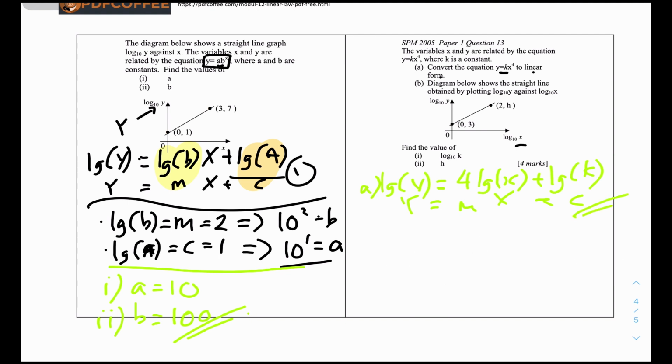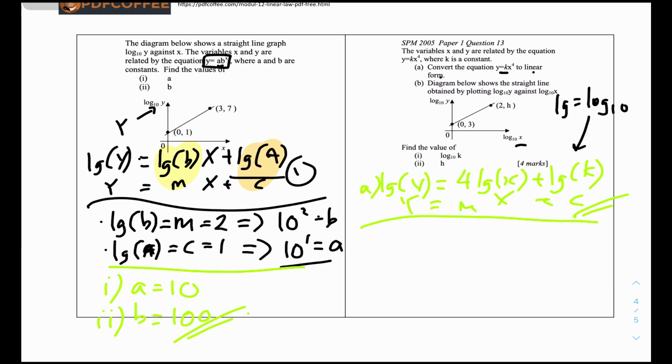So for b, the diagram below shows the straight line obtained by plotting a graph of log base 10 y against log base 10 x. To find the value of log base 10 k and h. We know that log base 10 k is just this value right here, because lg is the same as log base 10.